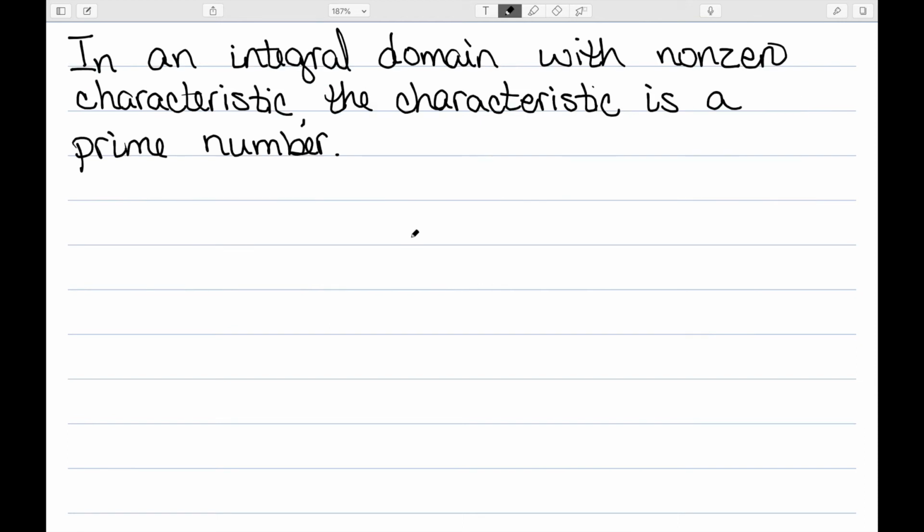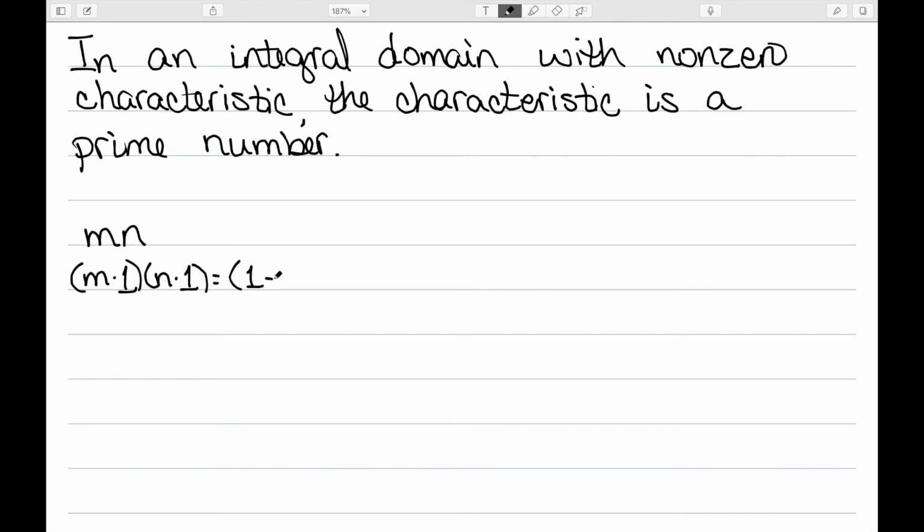In fact, in an integral domain with non-zero characteristic, the characteristic is a prime number. Let's suppose the characteristic is a composite number, mn. Then, consider (m times 1) times (n times 1).